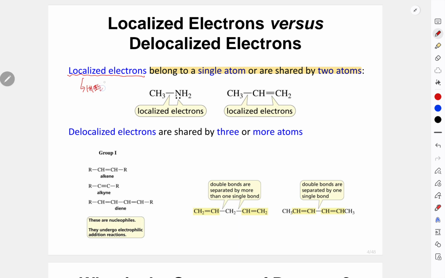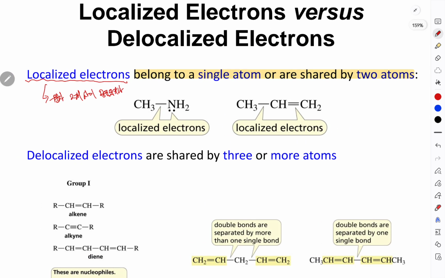Or there's a pi electron in a double bond. This is also a localized electron. Of course, you have localized electrons forming a single bond, right? So these electrons are all localized. Localized electrons belong to a single atom or are shared by two atoms.